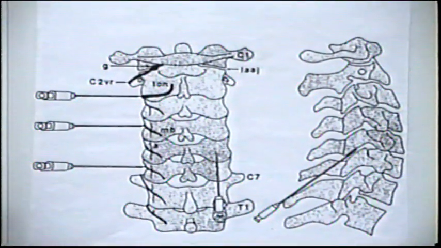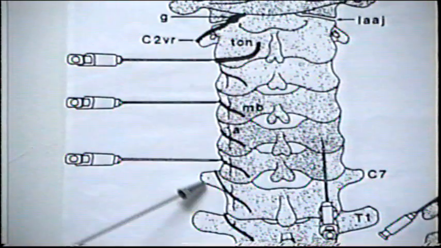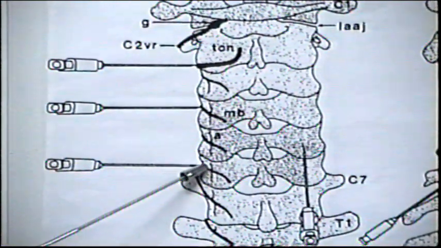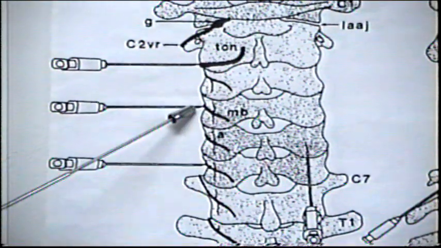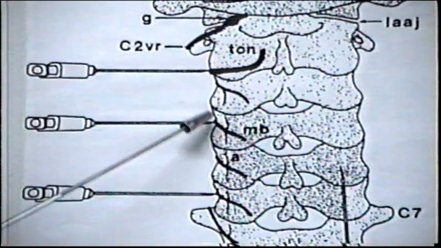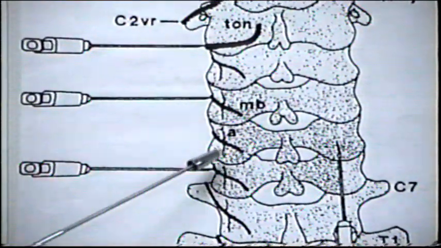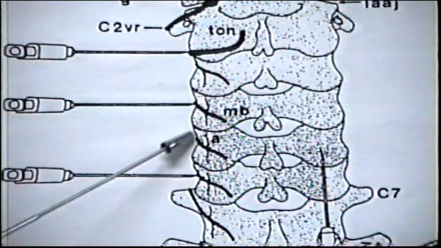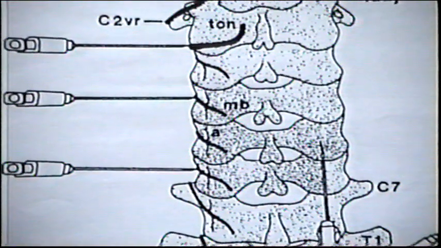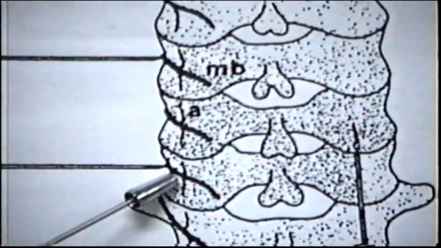The goal of that technique is that you have to inject the lateral aspects of the vertebral pillar. Basically, there are no transverse processes in the cervical area. The vertebral pillar is the transverse processes on the lateral aspect, as well as on the posterior aspect.